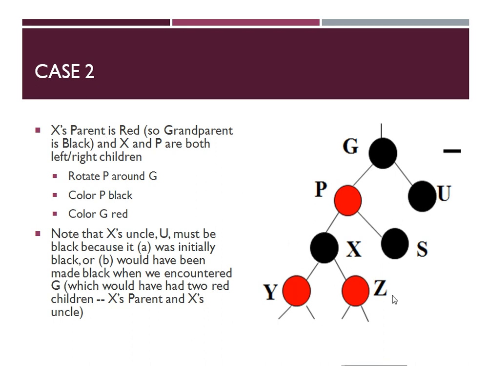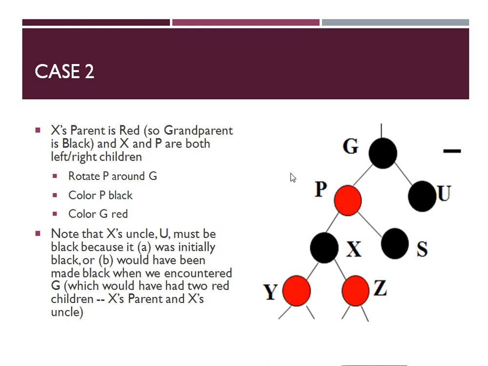X is the parent of Y and Z, and X parent is P, and the color of this parent is red. And X and P are both left and right children of the grandparent G here, right? So P and U, these are the children of G, where P is the parent of X and X is the parent of Y and Z.